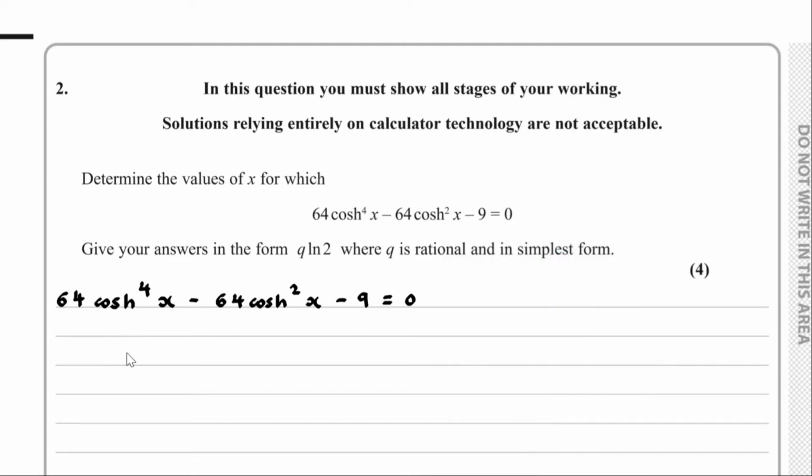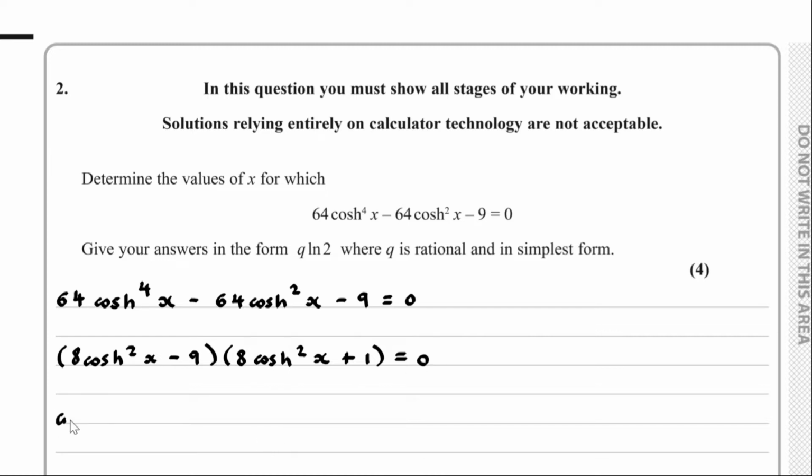And so therefore, if we were to factorize, we have 8 cosh squared x minus 9 multiplied by 8 cosh squared x plus 1 equals 0.